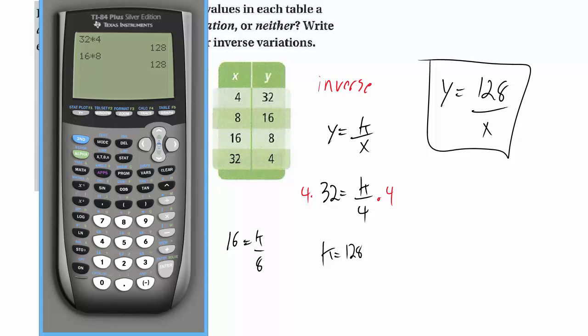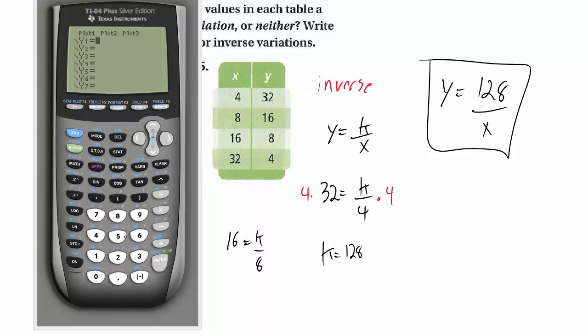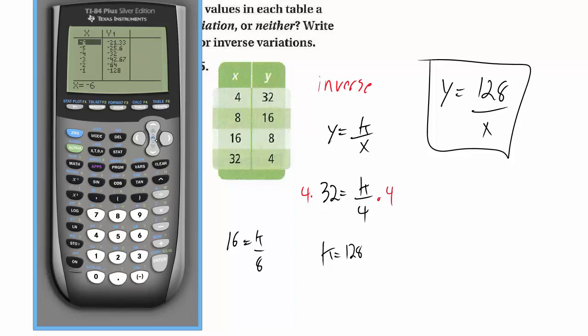But another way to check is this. You can check by leaning on technology. I can enter 128 over x and then go to my table, and I can modify my table to actually ask for the values, and then I can just check that it works. If I put 4 here, look, it maps to 32.